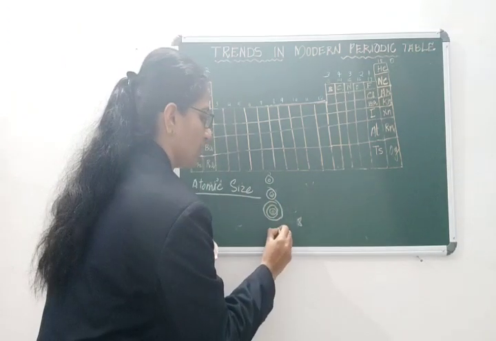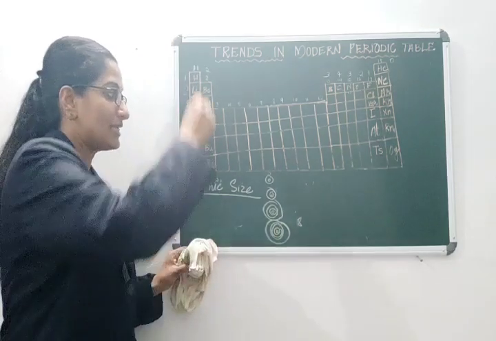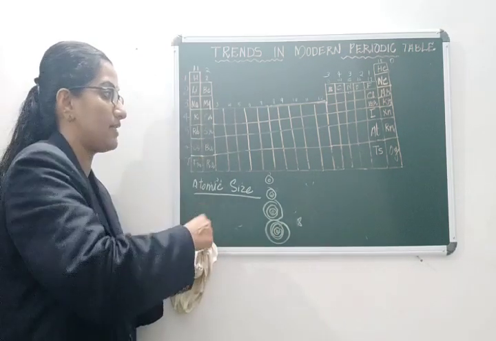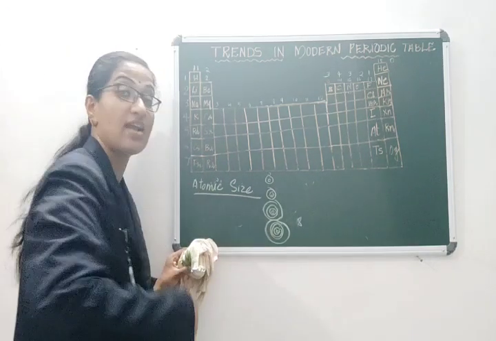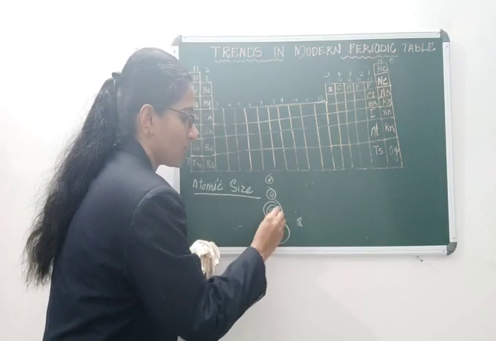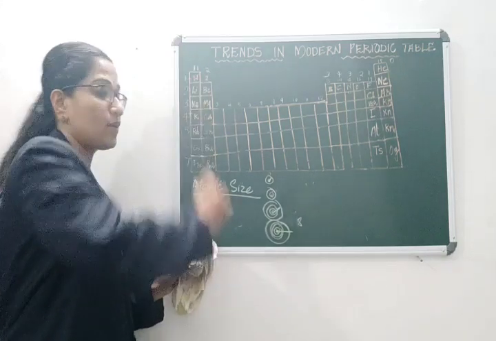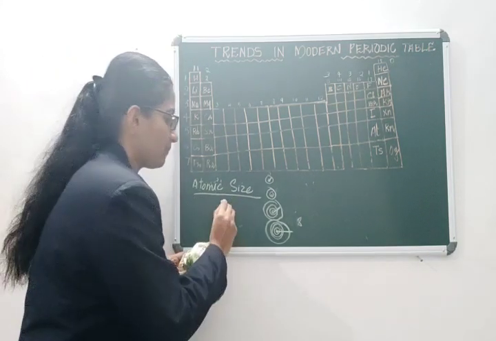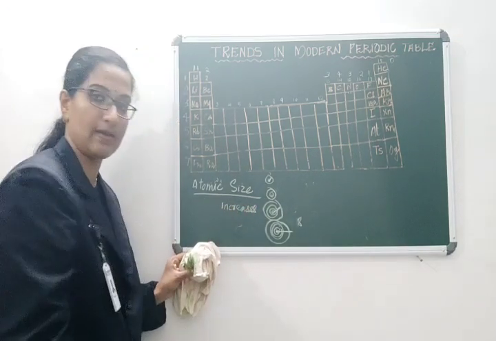After that potassium with 4 shells. In such a way there is a tremendous increase in size. Size increases drastically. So the atomic radius also shows a large variation. So in a group, atomic size increases.